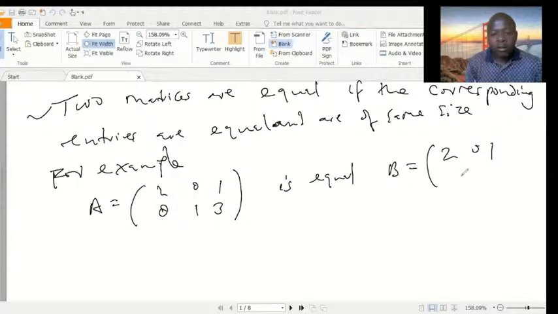So these two matrices are equal. You can see they are all 2 by 3 matrices. Their size is 2 by 3, 2 rows and 3 columns. And you can see that the corresponding entries are equal. That's when we say that two matrices are equal.